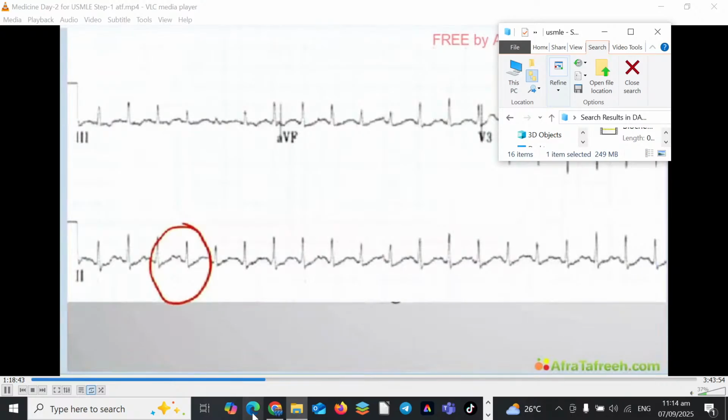This is an example of sinus tachycardia. That is, there is a P wave and then there is a QRS and then there is a T wave. Is it clear?